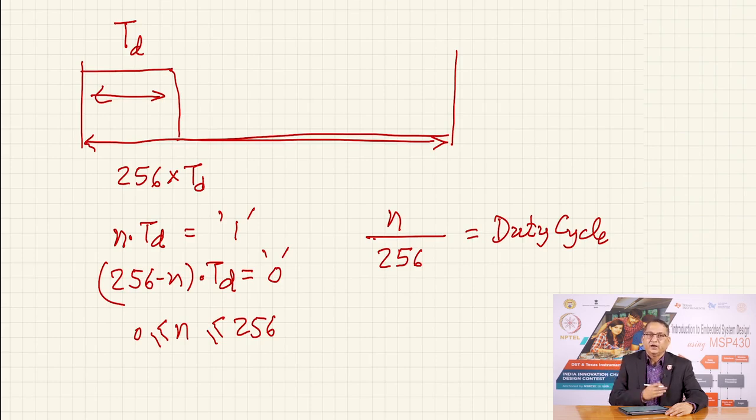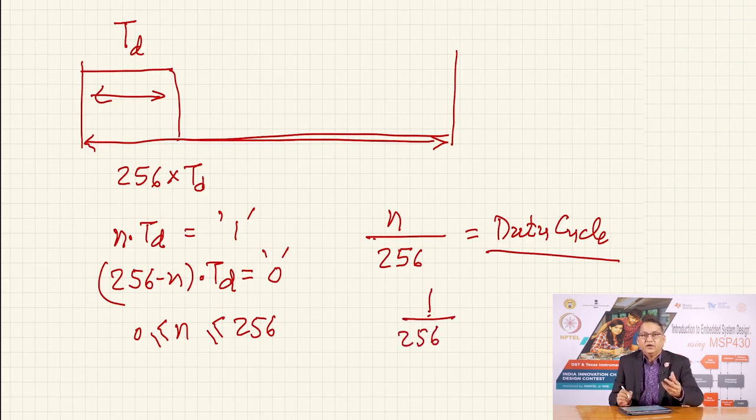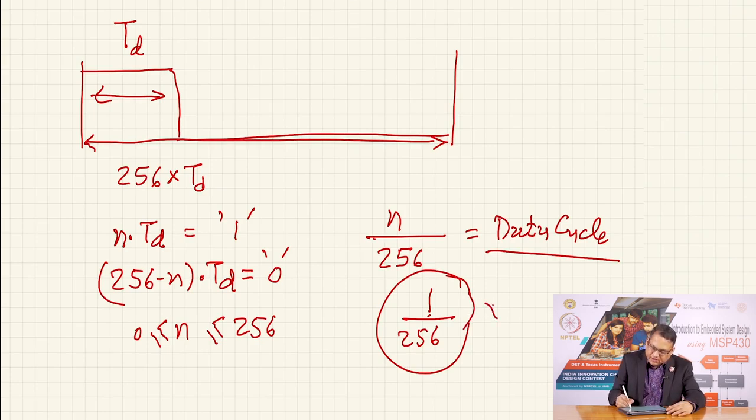I get a range of duty cycle which gives me a resolution, that is, I am able to resolve the duty cycle to 1 part in 256. If I want to make the output analog voltage smaller than this resolution, this particular arrangement will not be able to do it, but 1 by 256 into VCC is the minimum voltage that I can generate out of such a waveform.